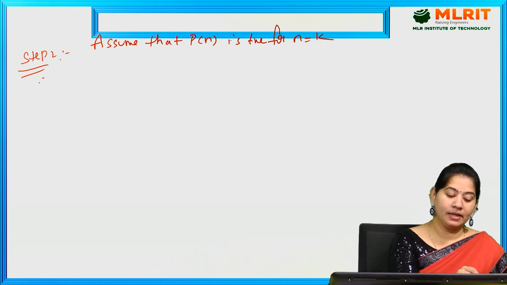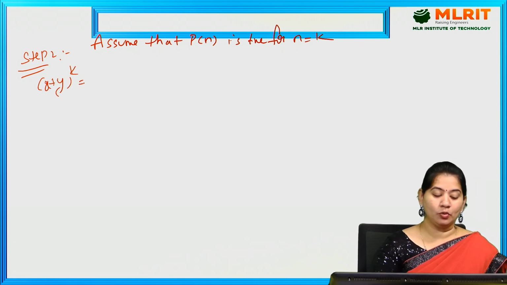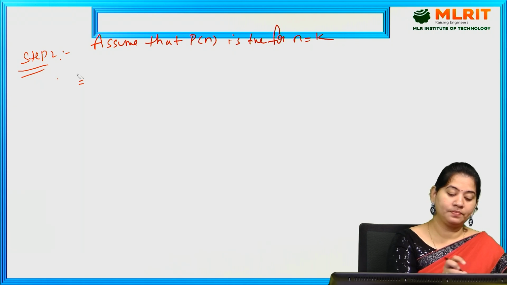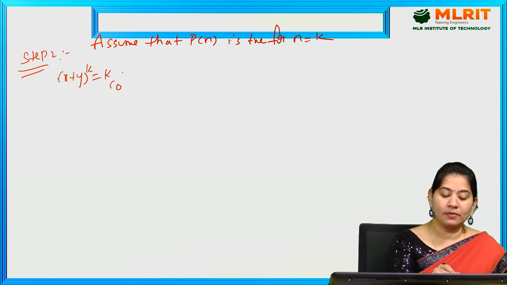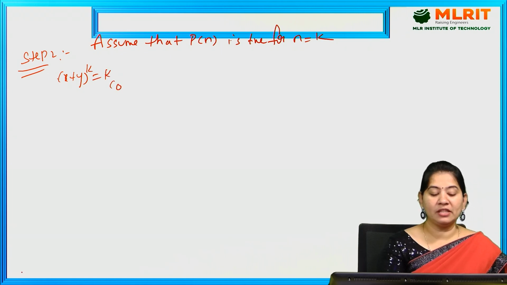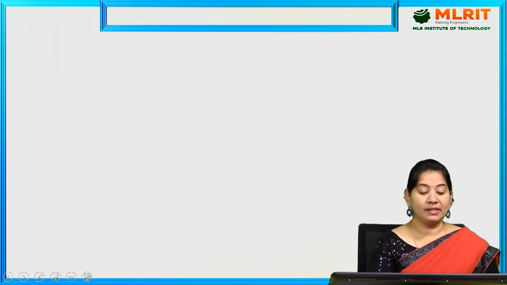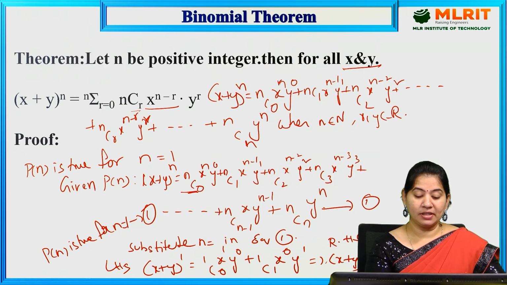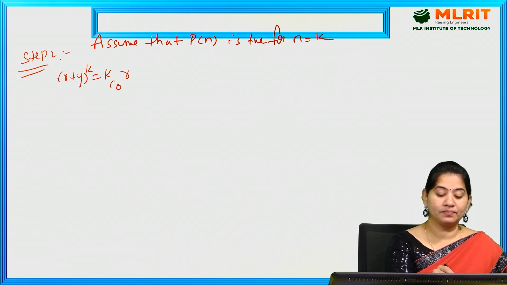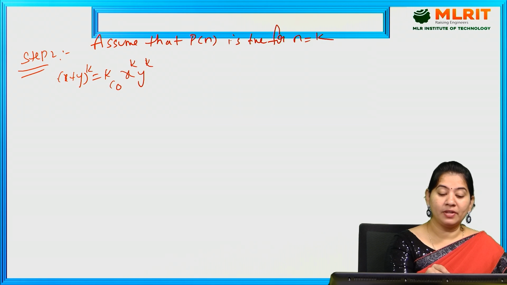Then what you will get here is (x plus y) whole power k is equal to kC0, which is nothing but n equal to k we are taking here. So kC0 here, and the next one is x power k into y power 0. So y power 0 you will get.